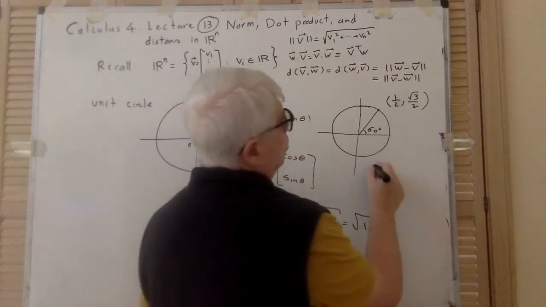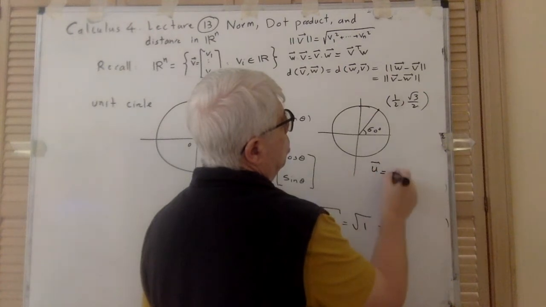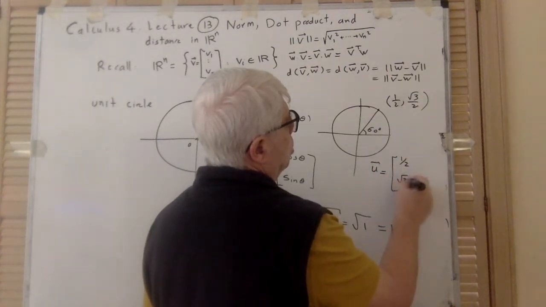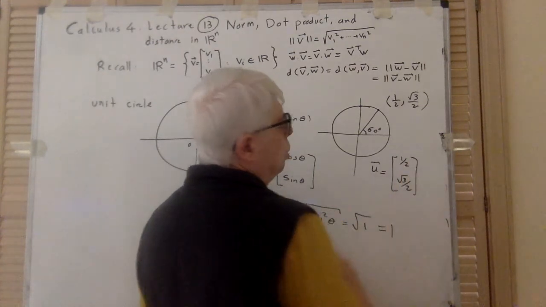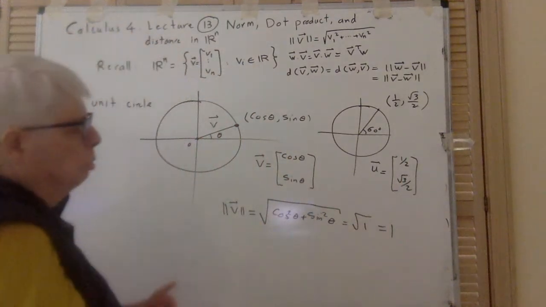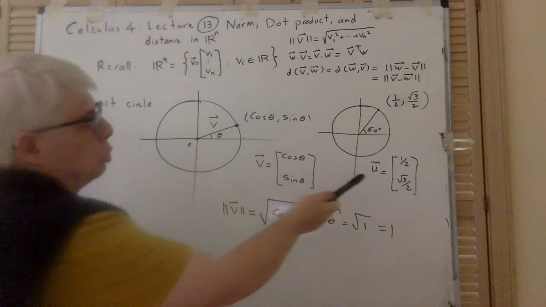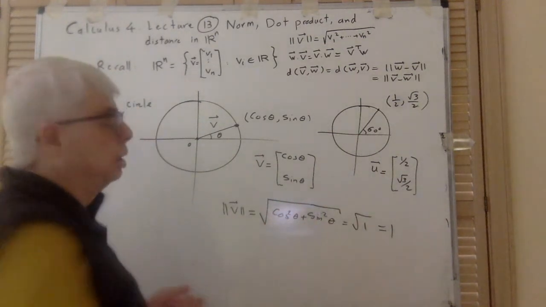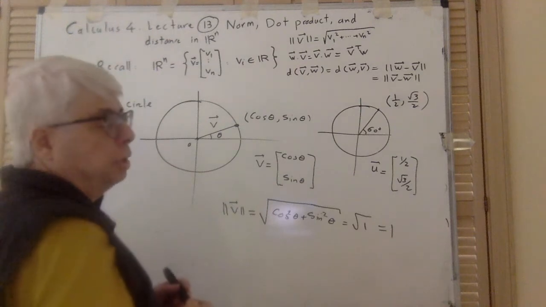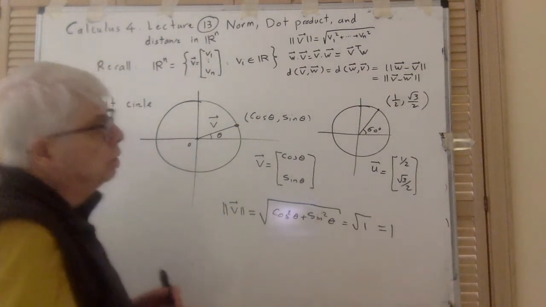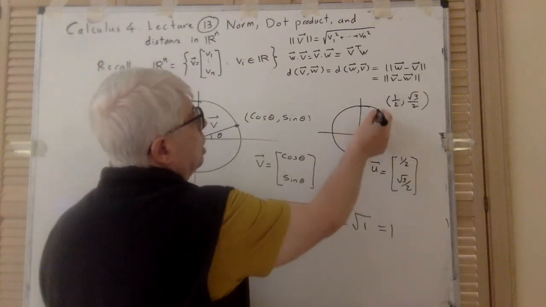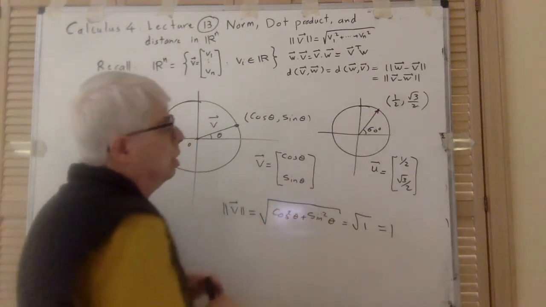So the vector u with these entries is a unit vector. You can check, because this one is cosine 60 and this one is sine 60, and no matter what theta is, I will get 1. So any point on the unit circle gives me a unit vector.